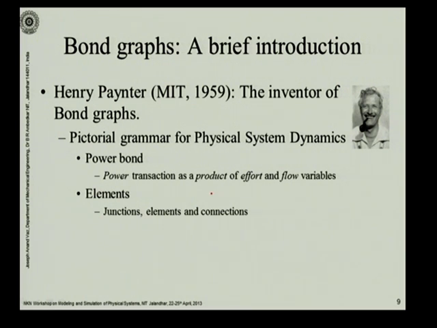We have 2 junctions, we have 3 elements, and we have connections. We will understand each one of them subsequently. And the most important aspect of this bond graph is the representation of cause and effect, or input and output, and representing that very elegantly on the bond graph itself.